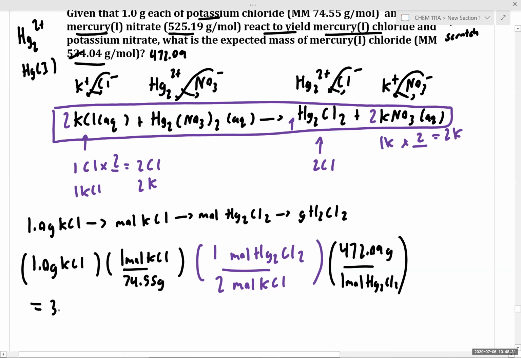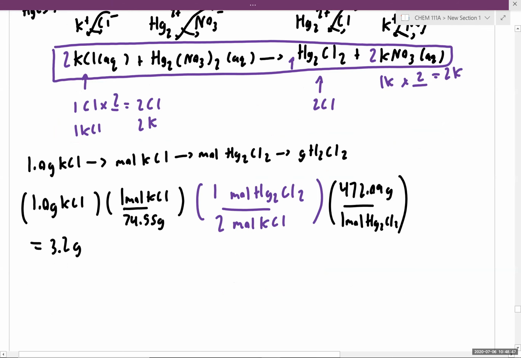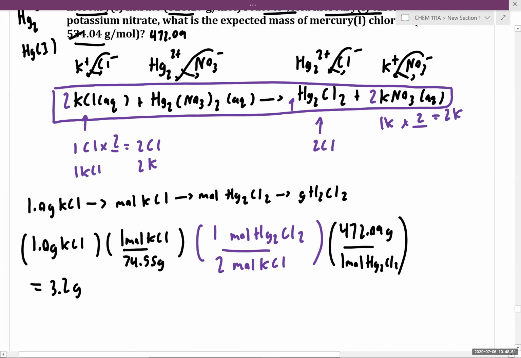And that in turn gives us an expected mass of 3.2 grams of mercury 1 chloride.